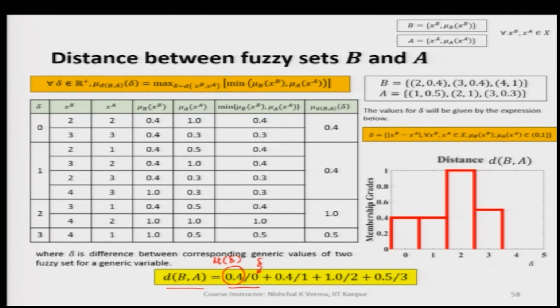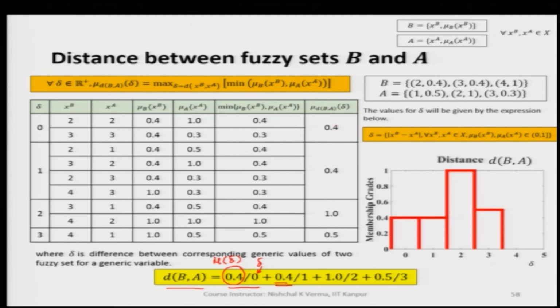So, for delta is equal to 0, which we can see in the very first column, we have all the delta values mentioned. We have delta is equal to 0, 1, 2, 3, and then when we take the corresponding membership values, which are mentioned in the last column. So, for delta is equal to 1, we are getting 0.4.